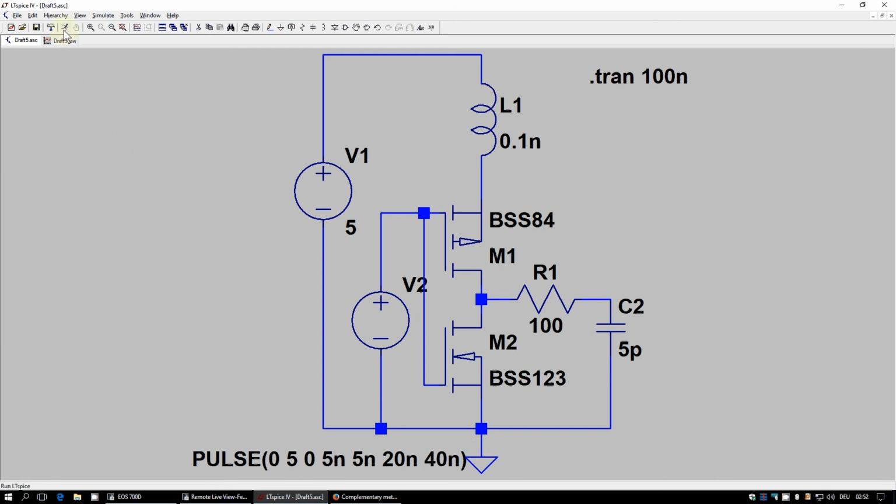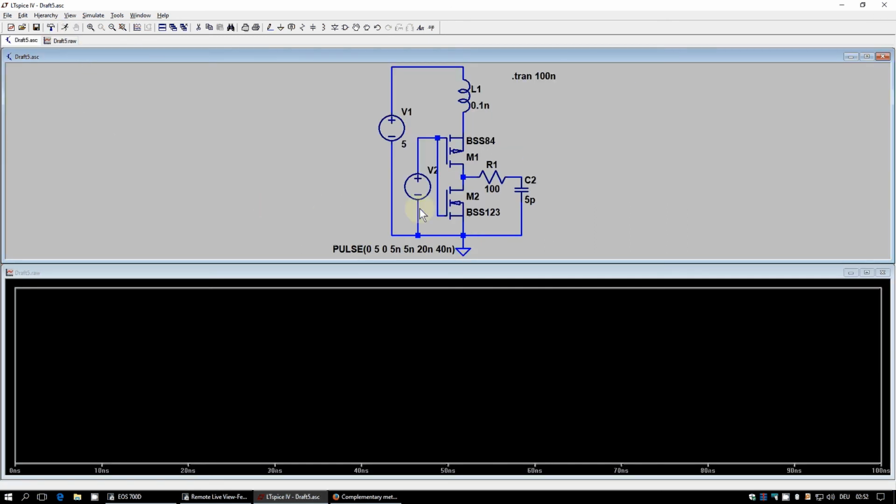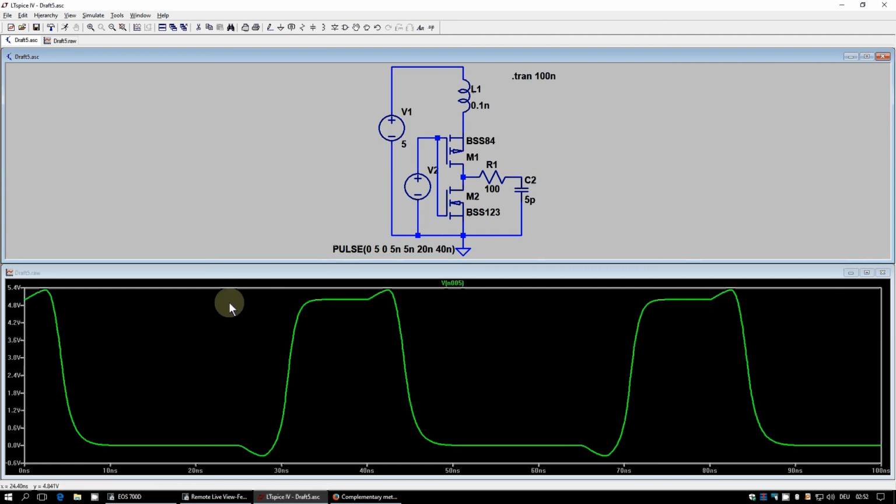Let's start our simulation. We said we wanted to know, how does the voltage look here? Okay, this is still a reasonably sharply rising and falling square wave, so the next input will have no problem dealing with it.